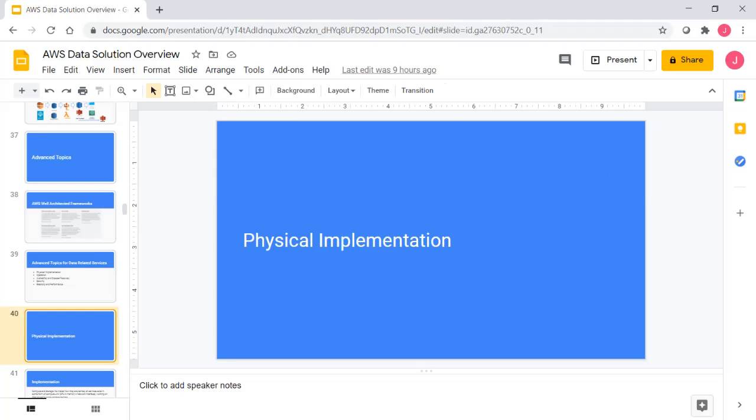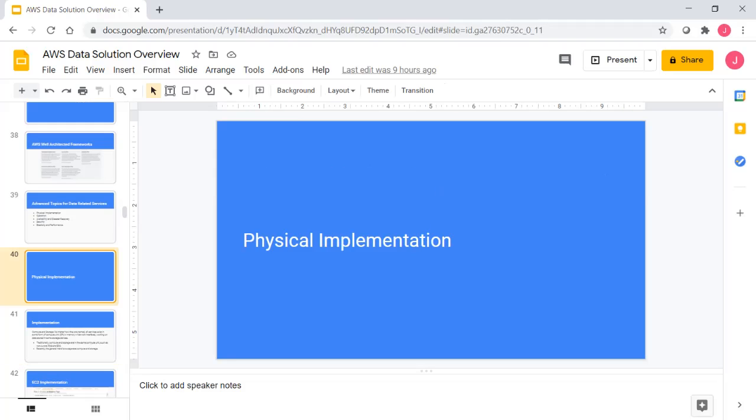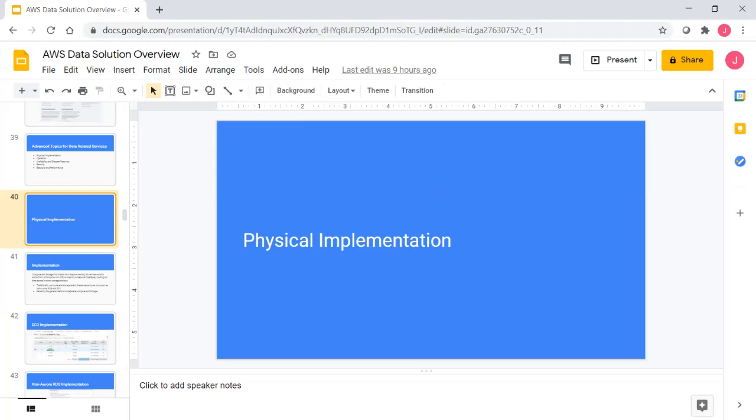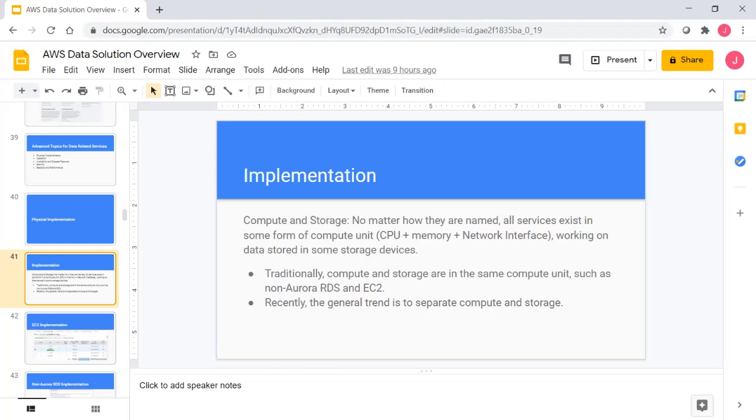So let's talk about physical implementation first. How is physical implementation achieved? No matter what web services you are using, no matter what they do, no matter how they are named, all services exist in some form of compute and storage. It must be some kind of compute unit.